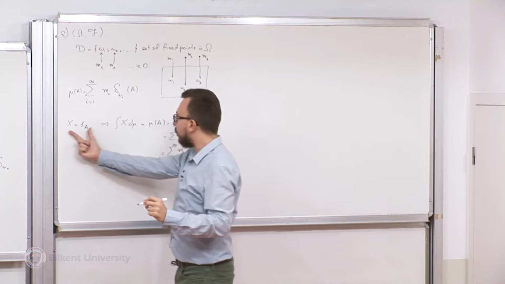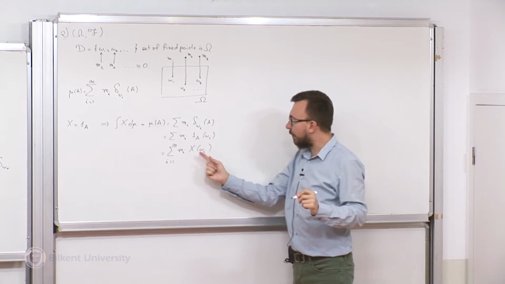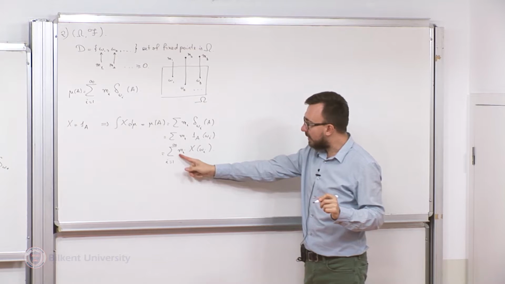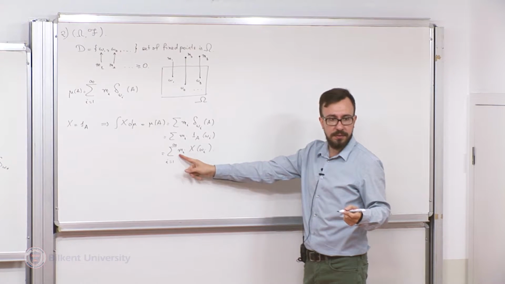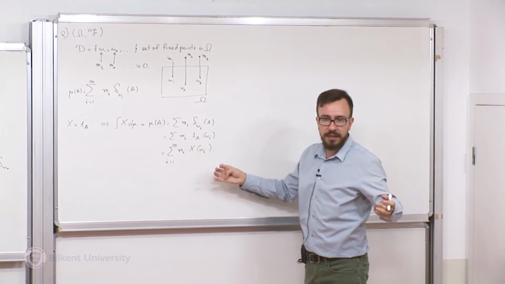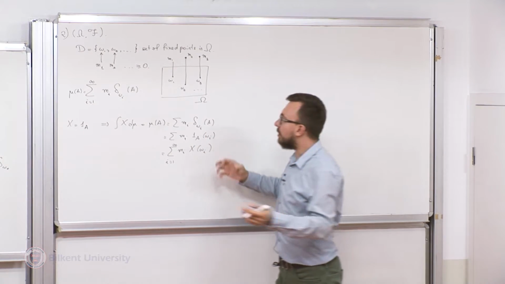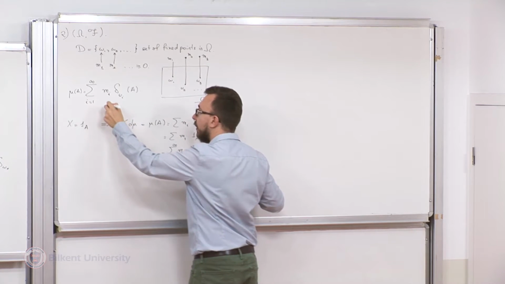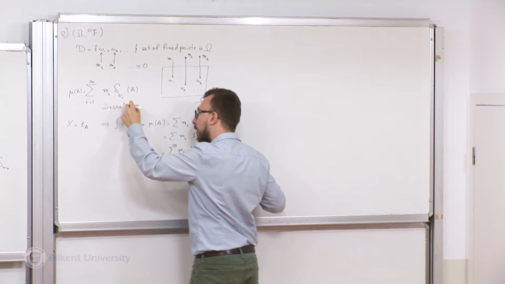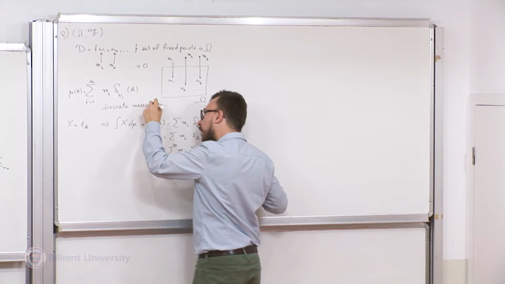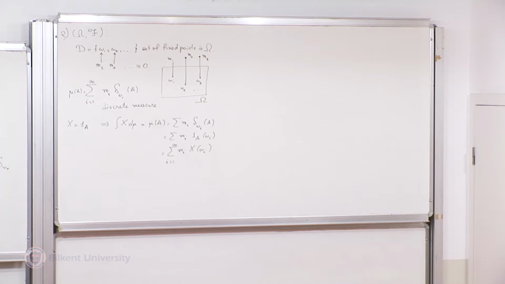So what you do is evaluate your function at each of the points and multiply it by its weight, by its mass. So it's generalizing what the Dirac measure is doing, because it is now a discrete measure, whereas this was the Dirac measure.